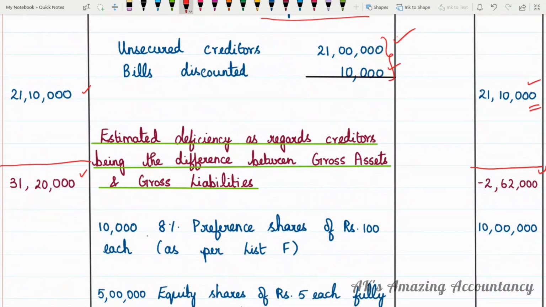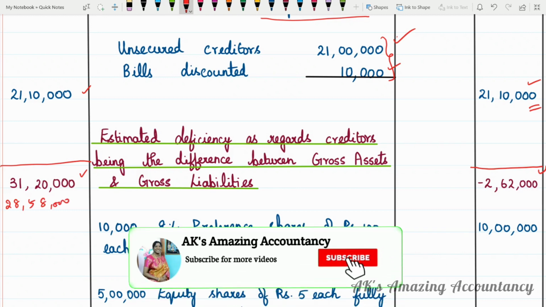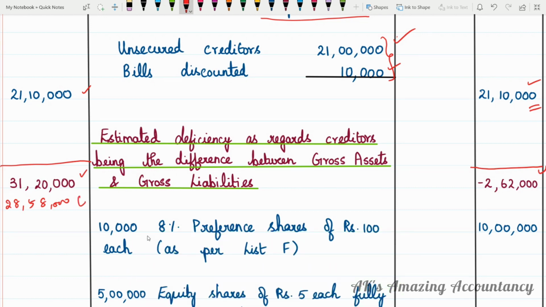Just to make you understand clearly, I'm writing it here. 28 lakh 58,000. So 28 lakh 58,000 is the gross assets. Okay, this is the gross asset and this is the gross liability. So what is the difference between the two? If you find out the difference between the two, you will get the same minus 2 lakh 62,000.